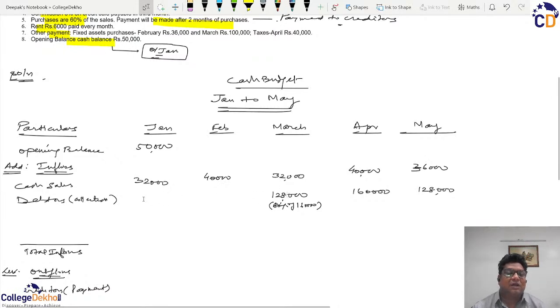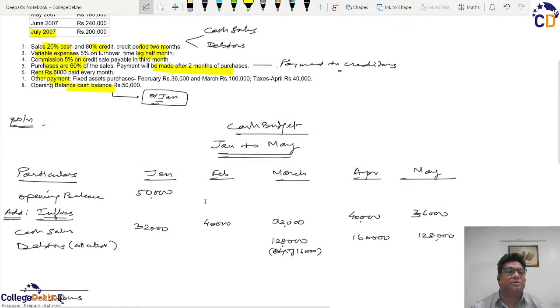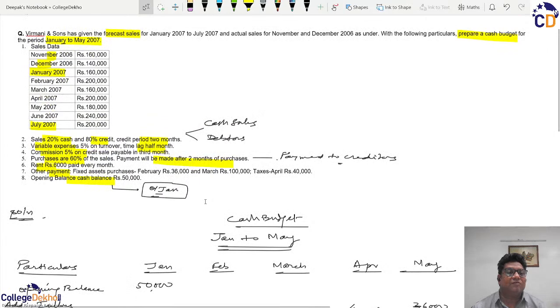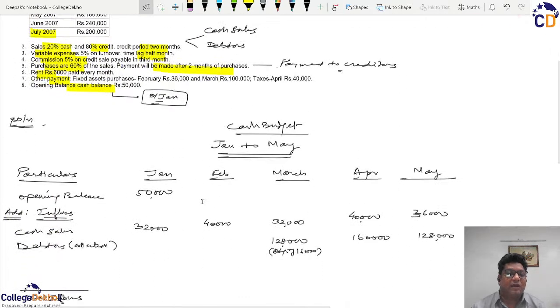But this collection of debtors in January and February will also not remain vacant, because the sales of November will be collected in January and the sales of December will be collected in February, and the collection will be 80%. It means the sale of November, that is 160, and out of this 80%, that is 128, is collected as debtors in January.